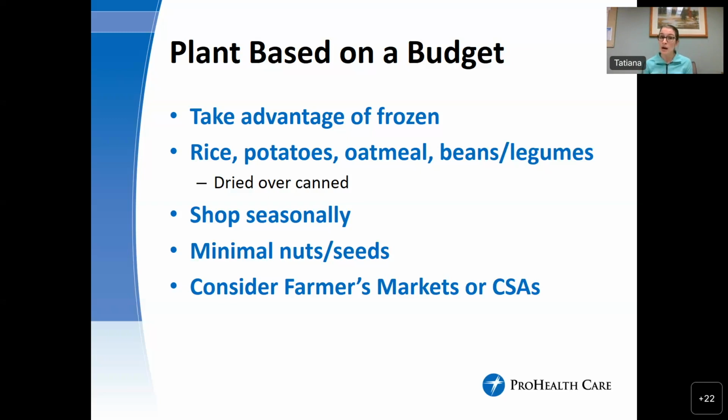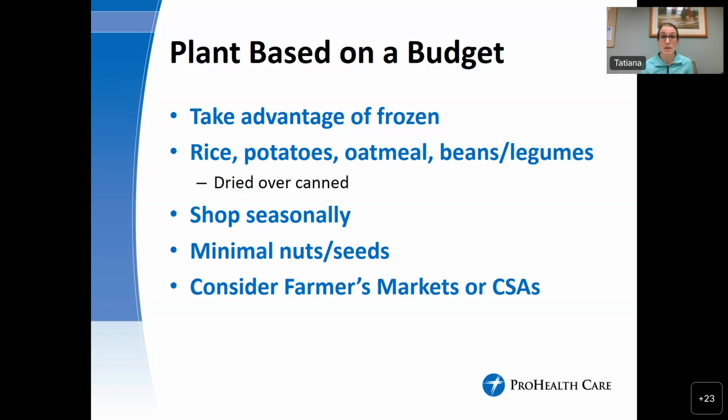Shopping seasonally for our produce can help to reduce some of the travel cost premiums, right? We know that blueberries in the winter have to travel thousands of miles to get up here to cold Wisconsin versus in the middle of summer, well, we might have some stuff closer to us, and so they don't have to travel as far, which means you're paying for less labor, less gas. All those pieces go into what you pay at the register.